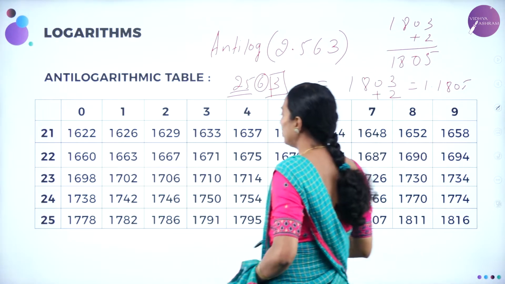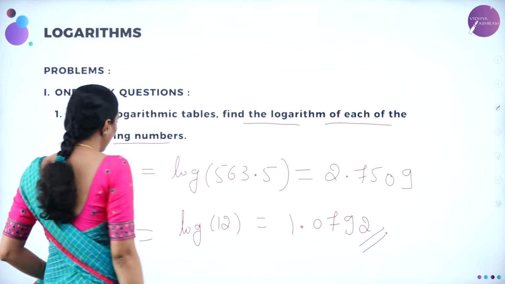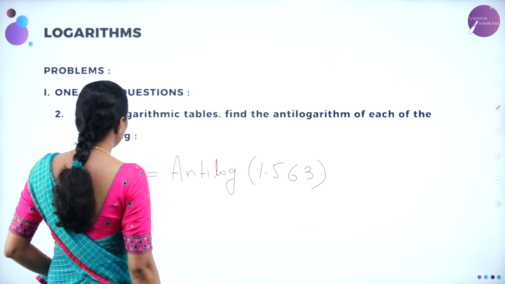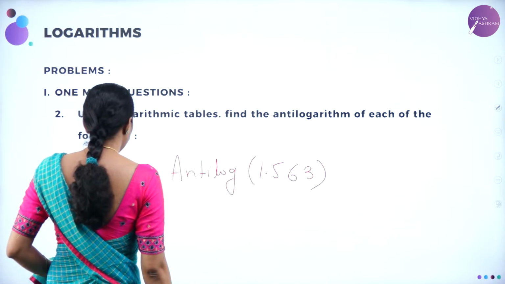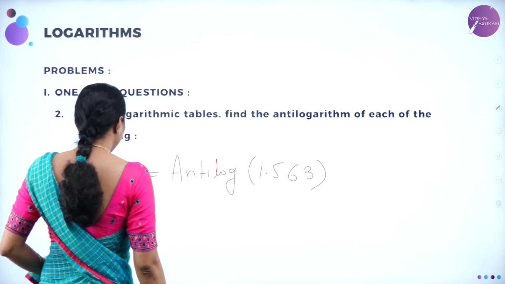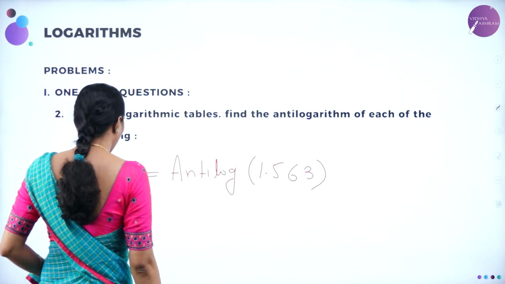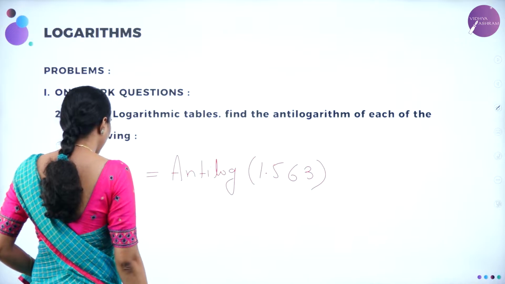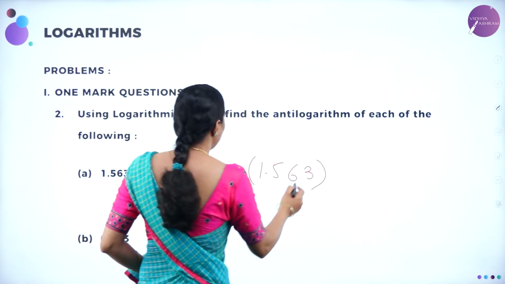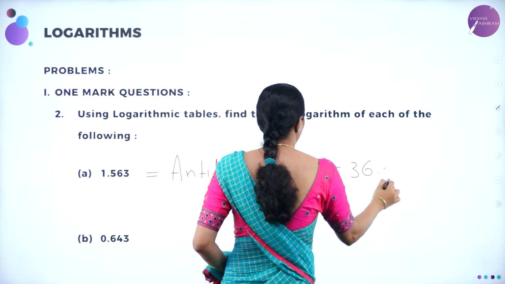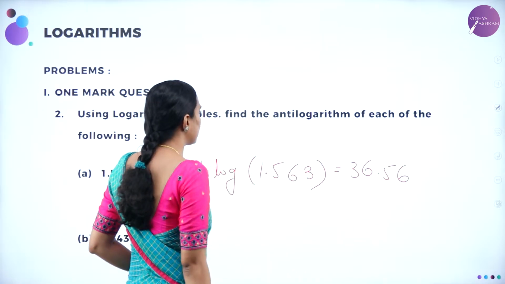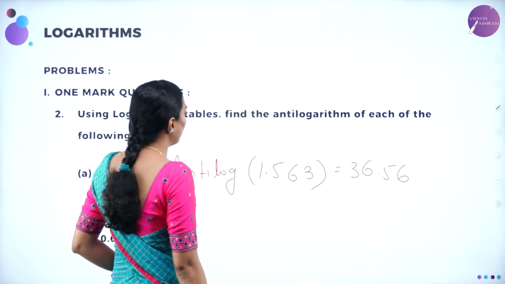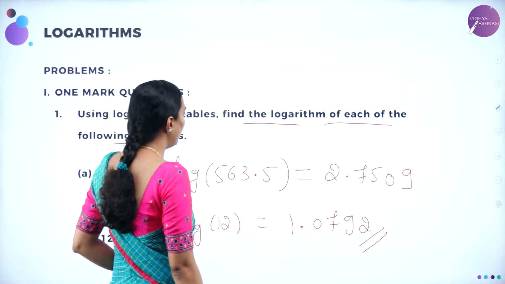Next is the anti-logarithmic of that value. So here also you are going to have the anti-logarithmic of 1.563, which is nothing but after the decimal point you are going to see the value, isn't it? So here the value will be equal to 36.56. After the 2 decimal you are going to find out here, not 1 decimal.